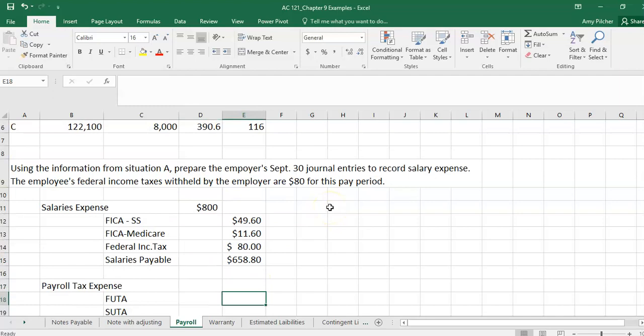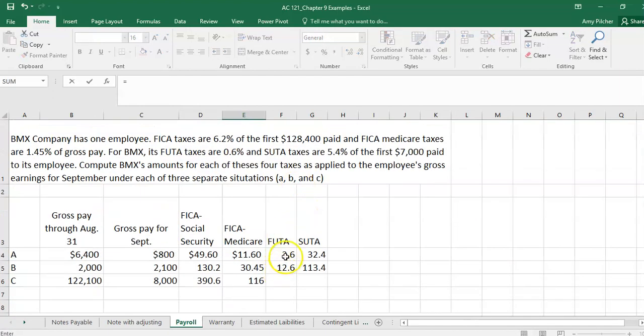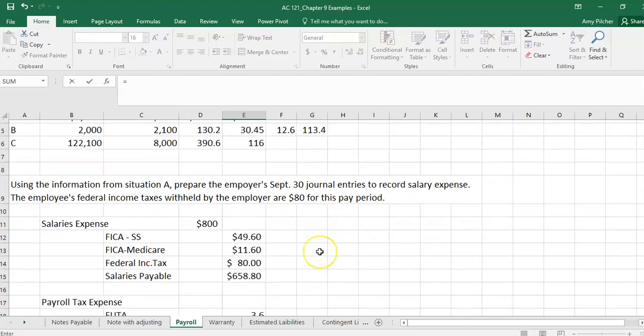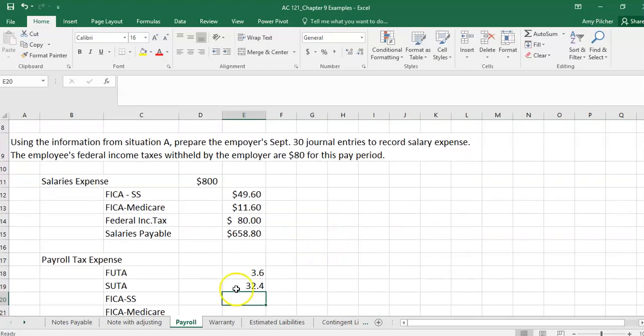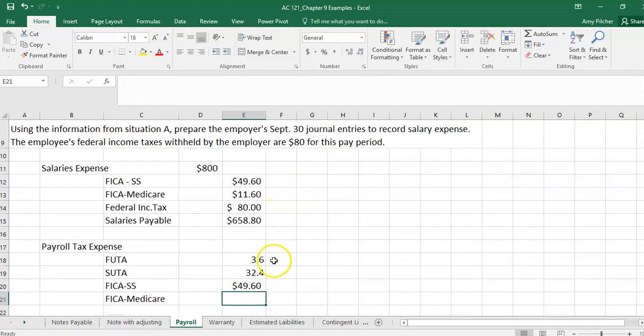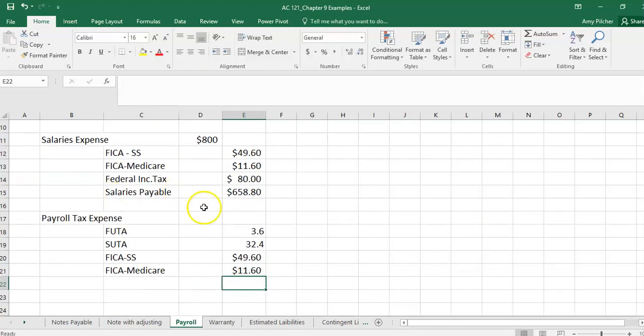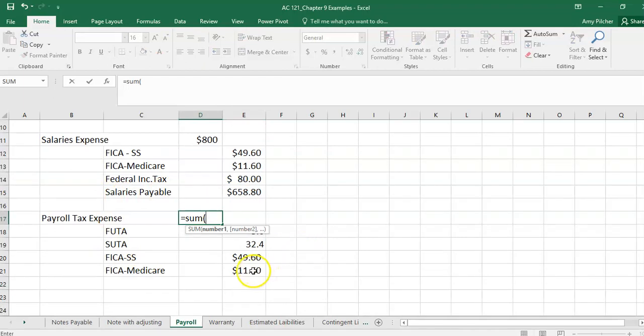So we've calculated FUTA of $3.60 and SUTA of $32.04. Social Security, $49.60, and Medicare is $11.60. And our payroll tax expense is the total of all of those amounts.